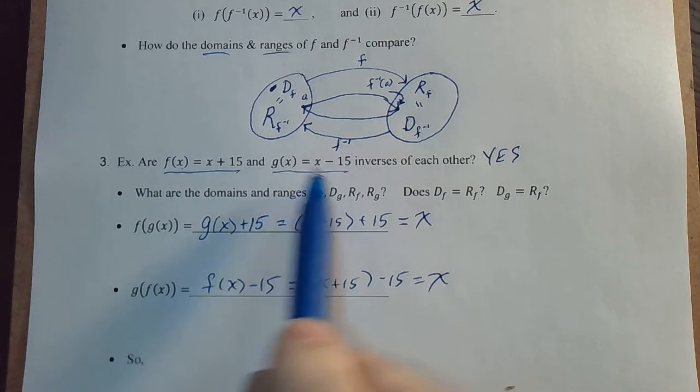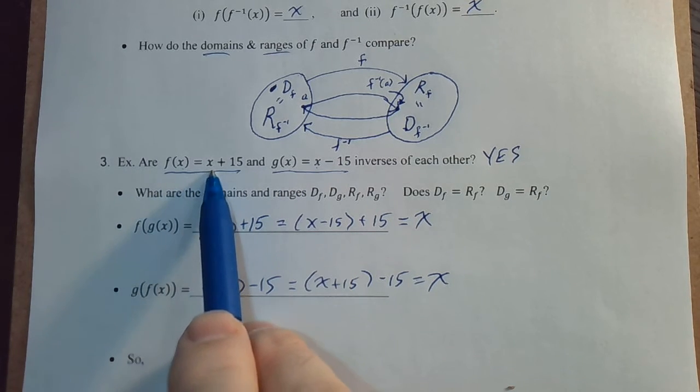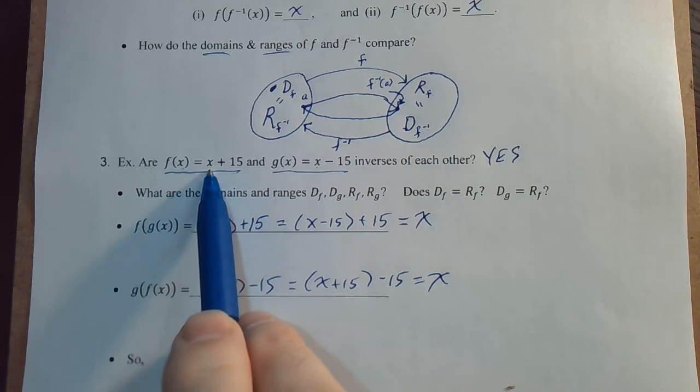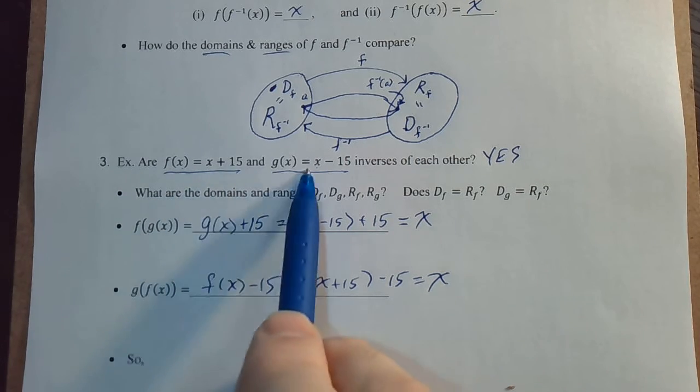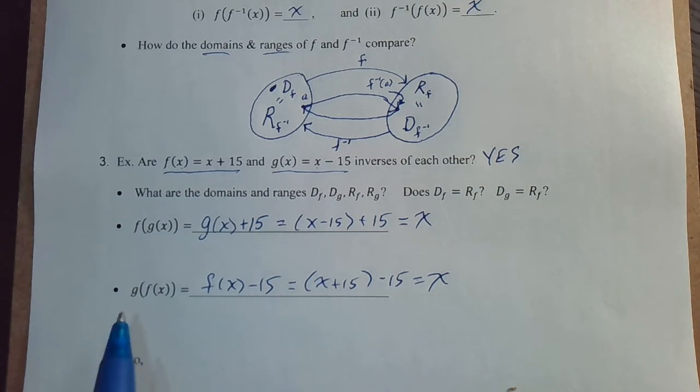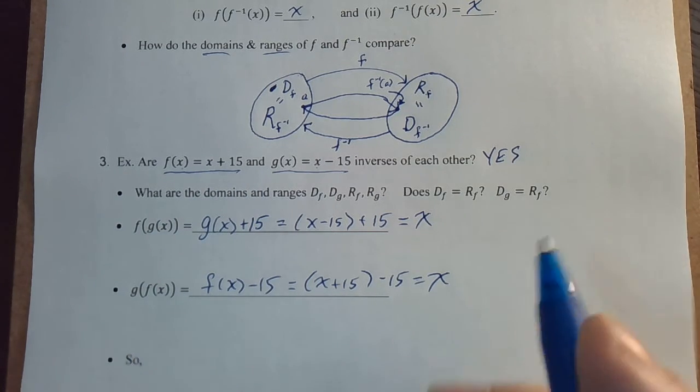And why is that? The domain of this one is equal to the range of this one, because they're inverse functions. The domain of this one is equal to the range of this one. Since they both have domain all real numbers, they'll also have ranges of all real numbers.